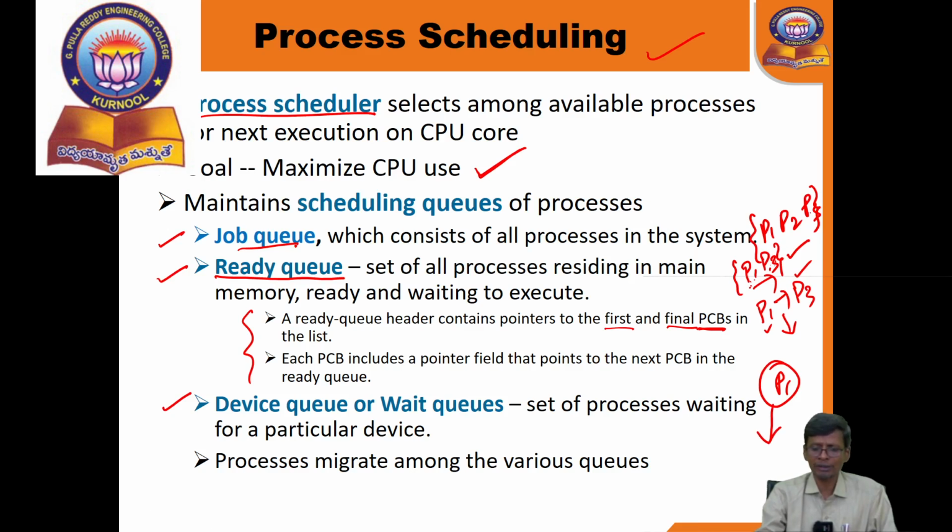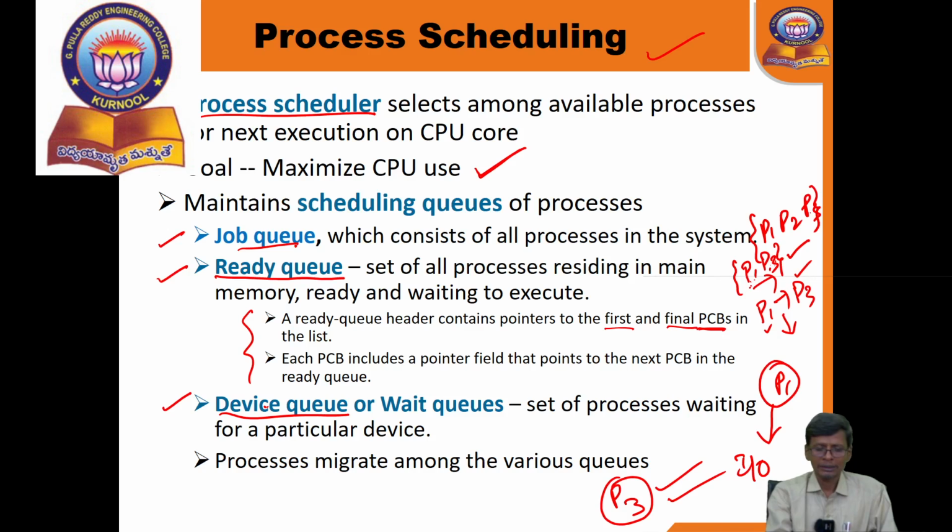While executing the P1 process, if it requires an input or output device, then P1 will wait for some time, and that P1 process will be placed in the device queue. Whenever it is placed in the device queue, the P3 process is available, the CPU will be allocated to P3, and P3 can start the execution.